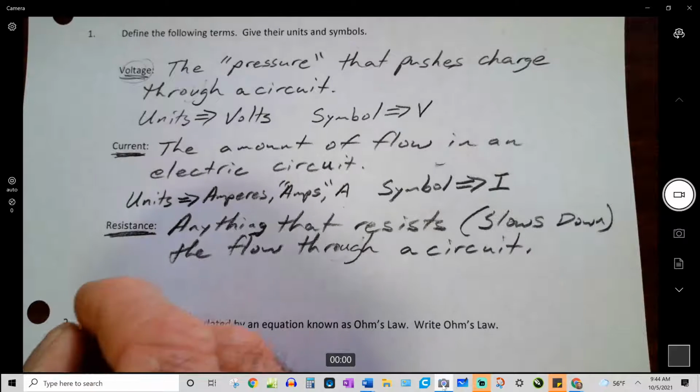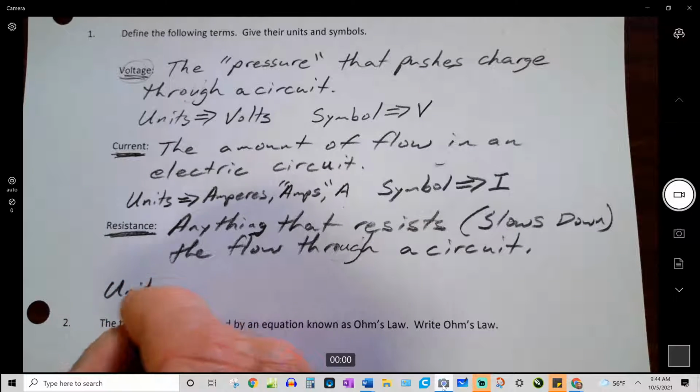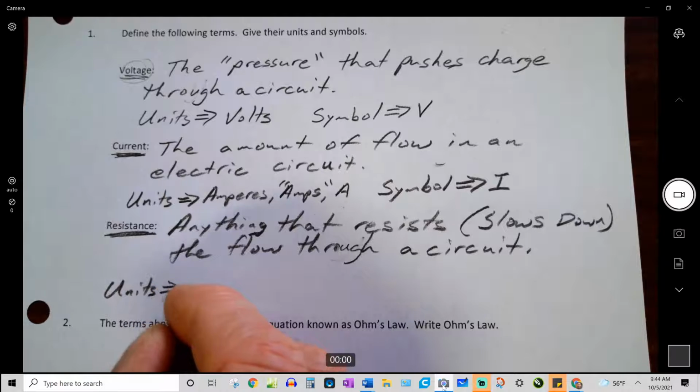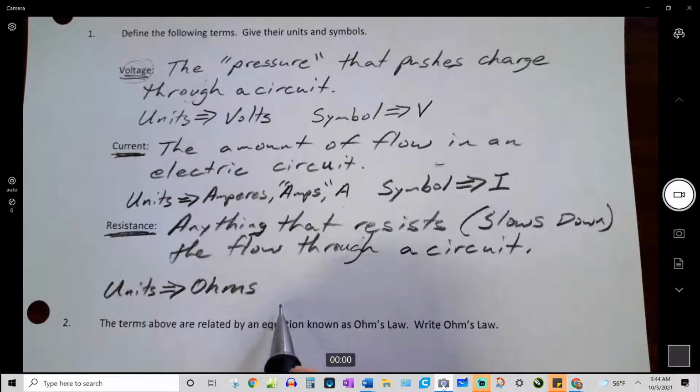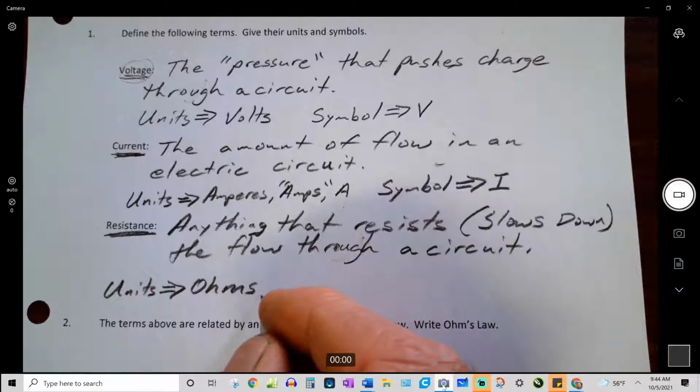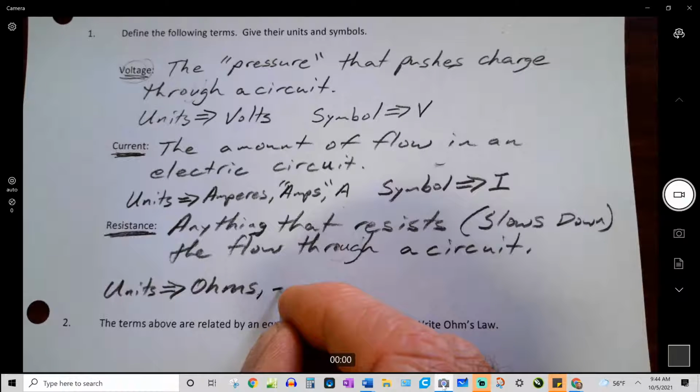So the units for resistance are ohms, and it's spelled OHMS. The units are this.